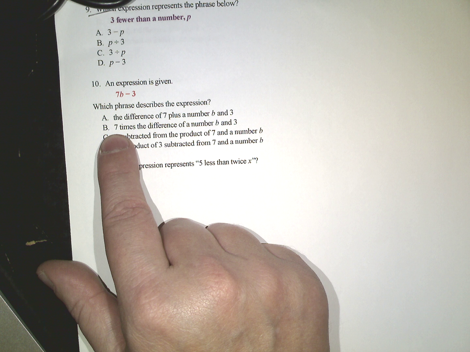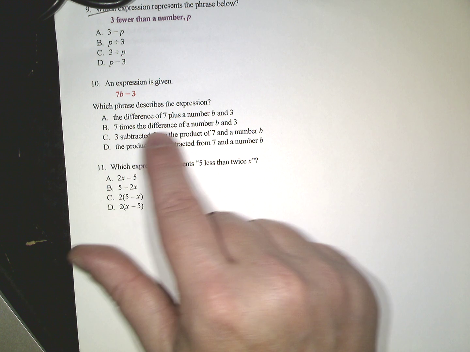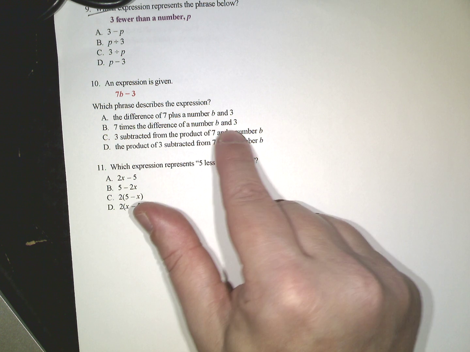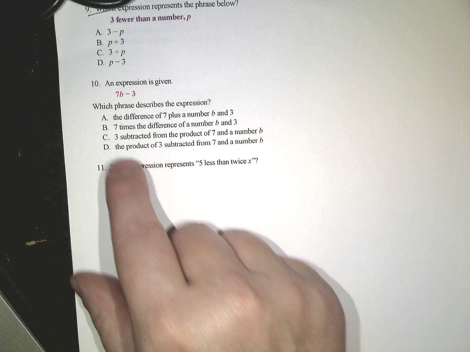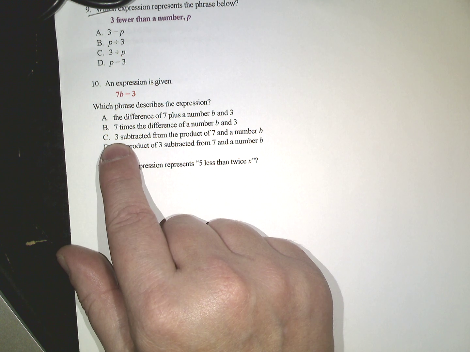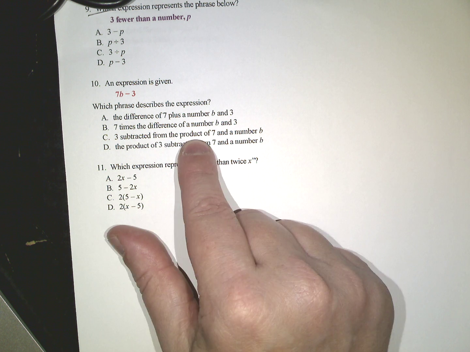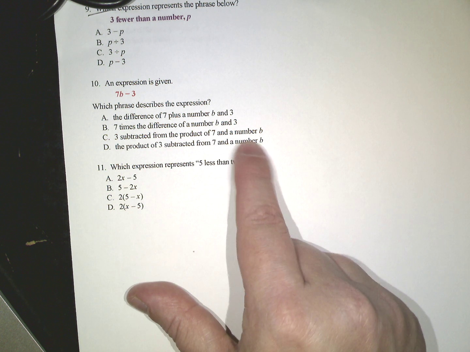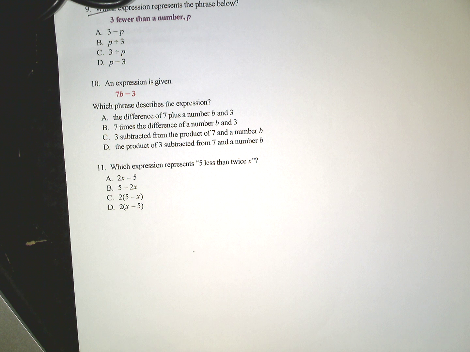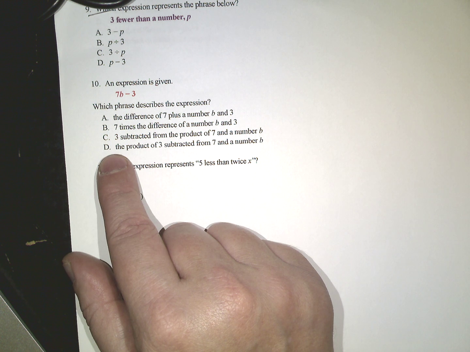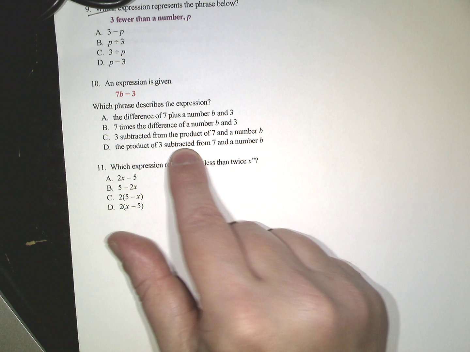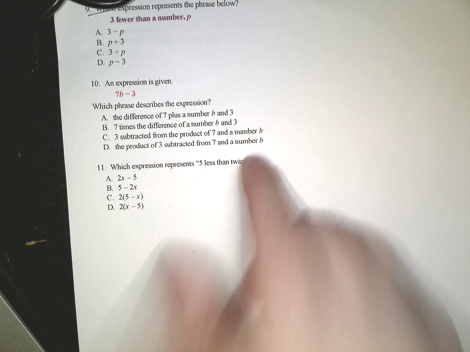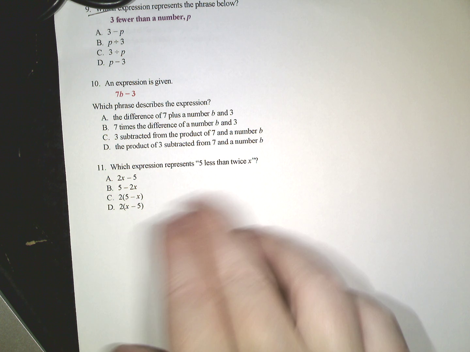B, 7 times the difference of a number b and 3. C, 3 subtracted from the product of 7 and a number b. Or D, the product of 3 subtracted from 7 and a number b. As I'm saying those, look over that statement and see what fits best.